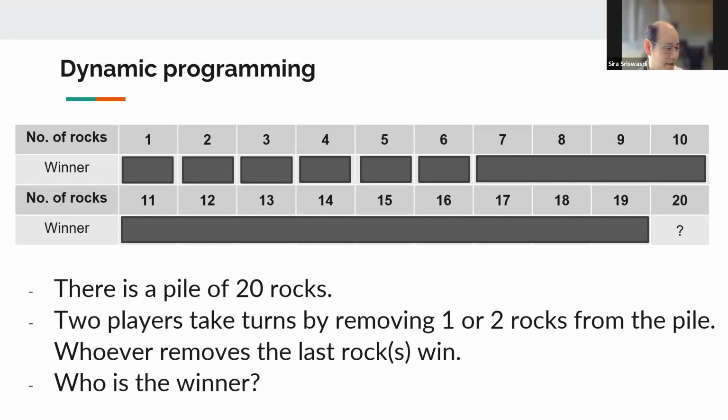You have 20 objects, and two players taking turns, one player at a time. Each player can remove either 1 or 2 logs from the pile, and the goal is that whoever removes the last log wins. So you want to be the last person to remove a log from this pile and make it 0.